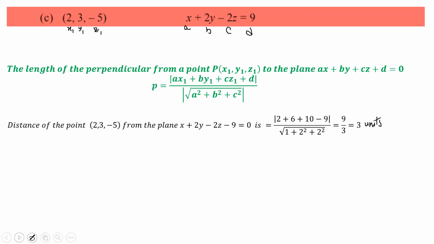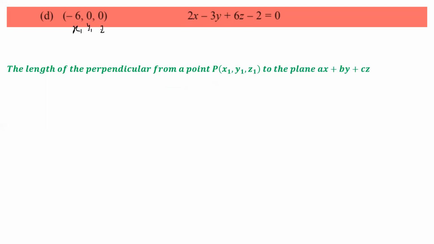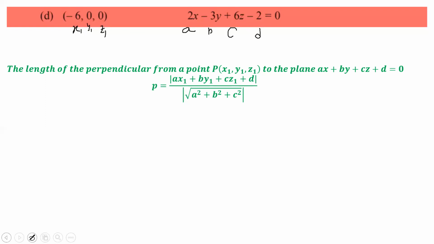Okay, next 14D. So the point is given here, x1 is minus 6, y1 is 0, and z1 is 0. a is 2, b is minus 3, and c is 6, and d is minus 2. Okay, now simply apply the formula.